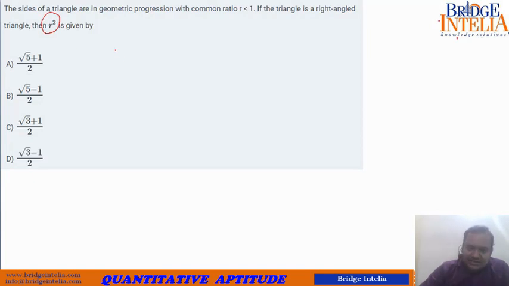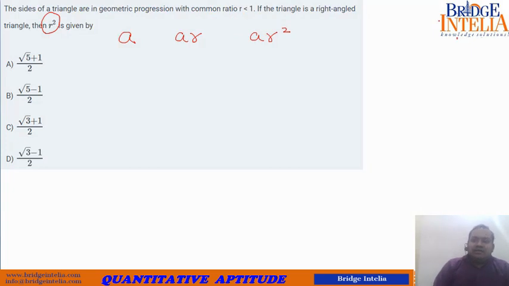The sides of the triangle are in geometric progression, so let the sides be a, ar and ar square. These are the sides of a right angled triangle.